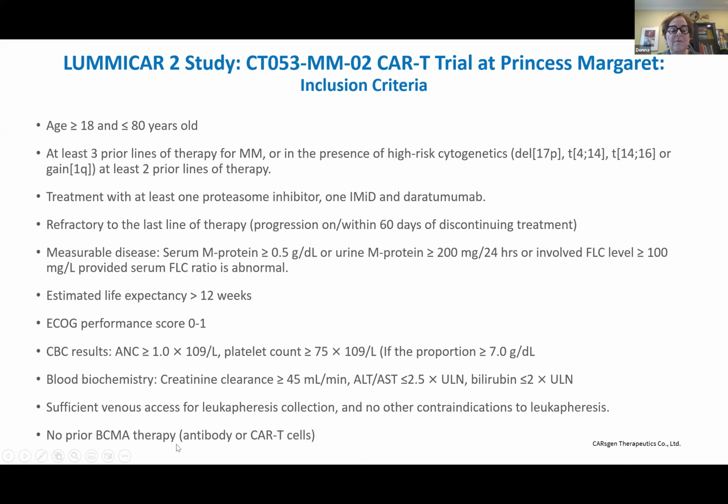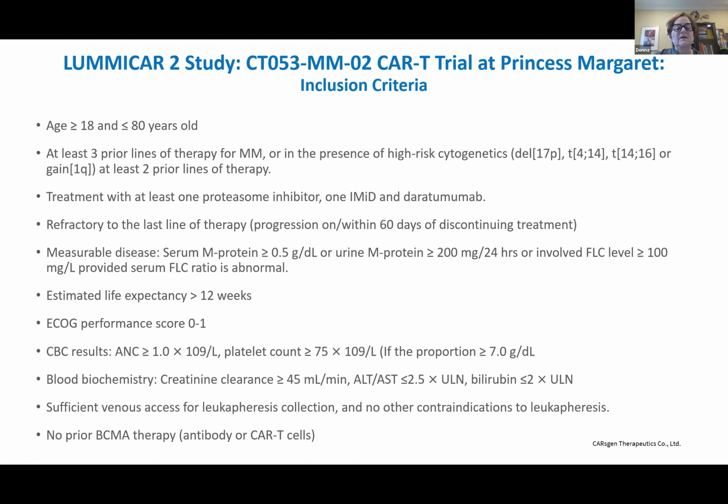There's nothing particularly striking from others, except people have to also have had a CD38 antibody, progressing on the last line of treatment. This is very similar to the advanced disease setting that cilta-cel and ide-cel, and there can be no prior BCMA.